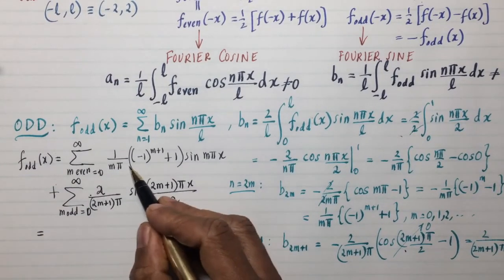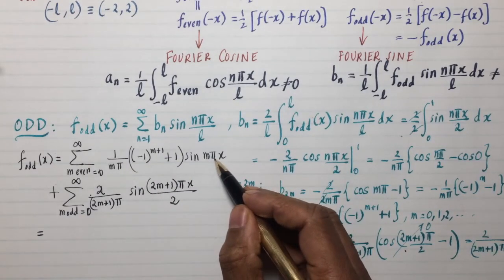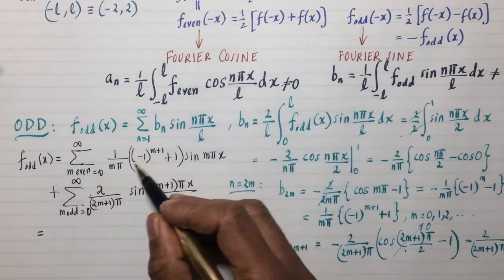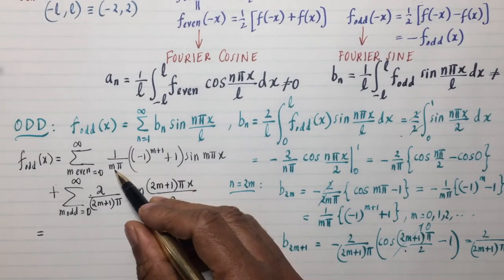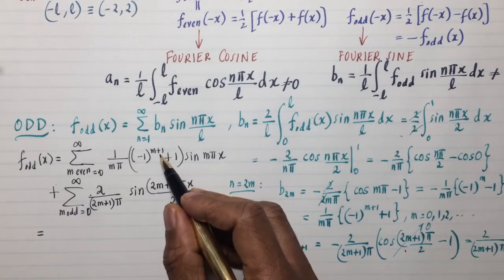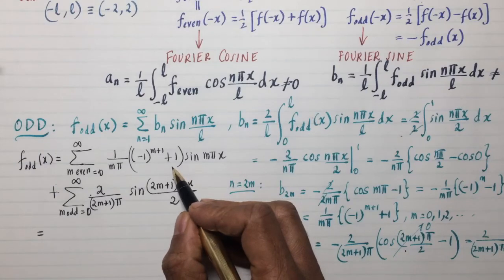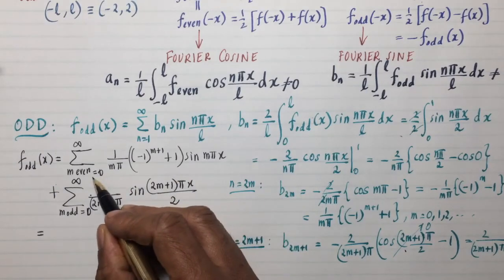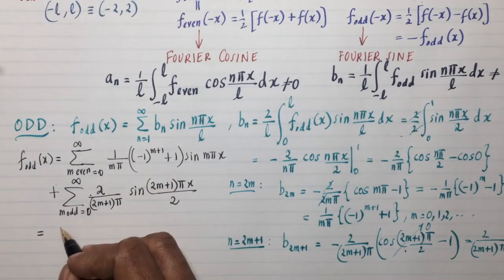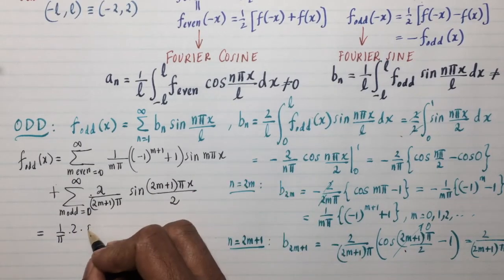Let's try to see what this answer looks like for some values. If m equals 0, then regardless of what that is, sine of 0 is 0, so that goes away. The next even number is m equals 2. Hang on, m equals 1. I'll get 1 plus 1, which is 2, so that works. I get 1 over pi 2 sine of pi x.